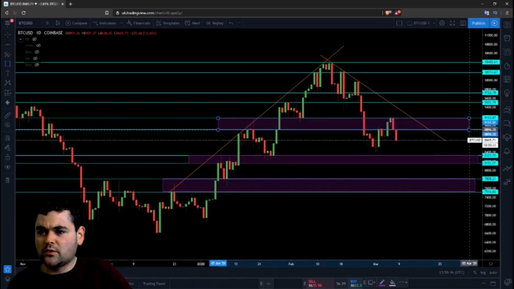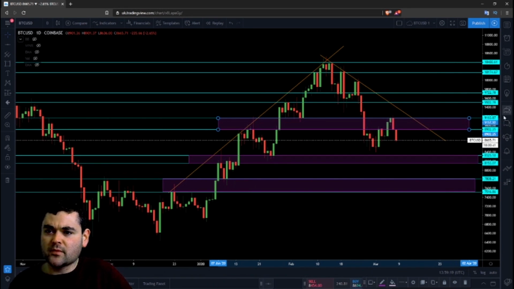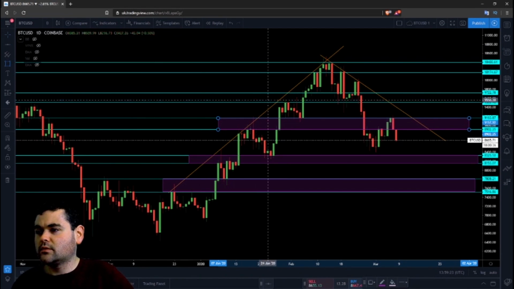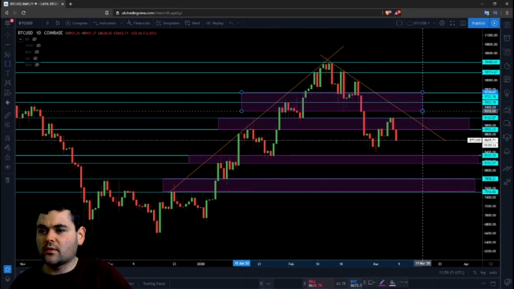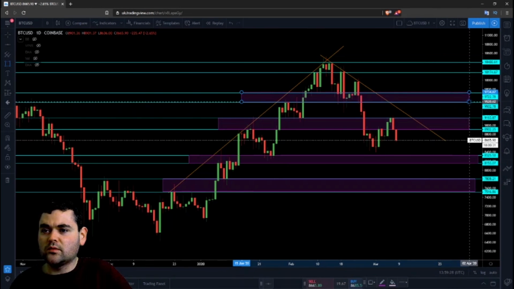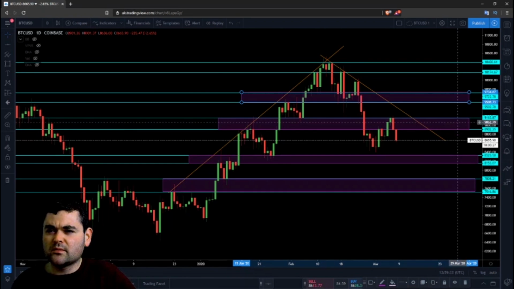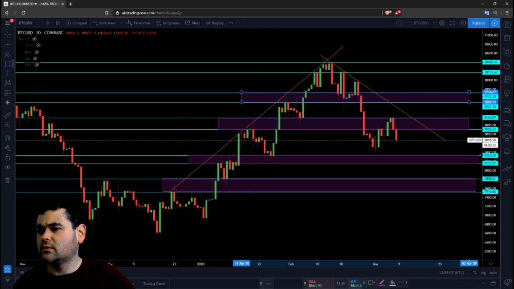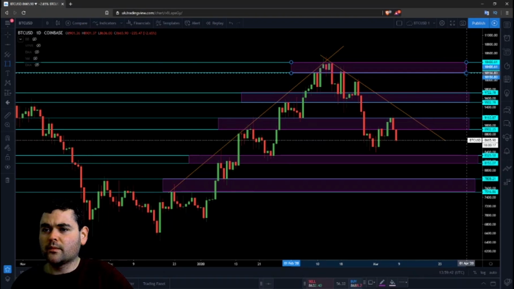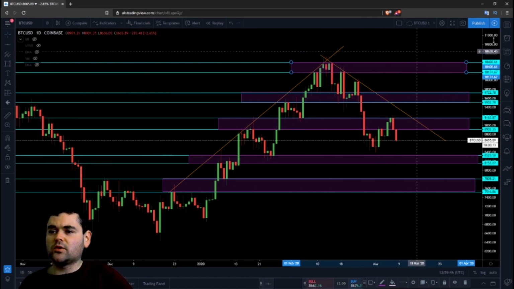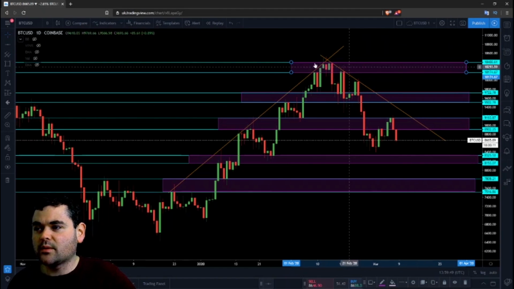So to continue on drawing these boxes in, I have another one drawn around 9160 to 8900, and another one around 9730 to 9500. And I have another one drawn to 10. It's probably a bit high, that one.